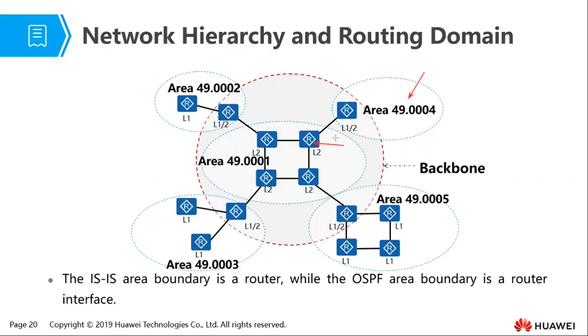However, level 2 routers also contain in their routing table information regarding the entire network, because to get to any of these other networks, it only needs to get to the level 1-2 routers. So those are some of the characteristics of each of those routers.